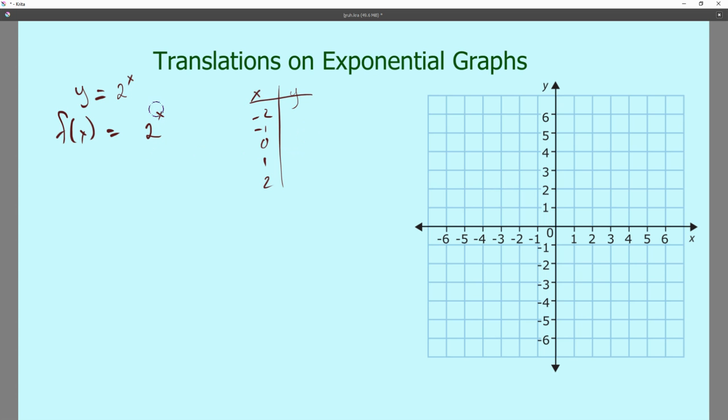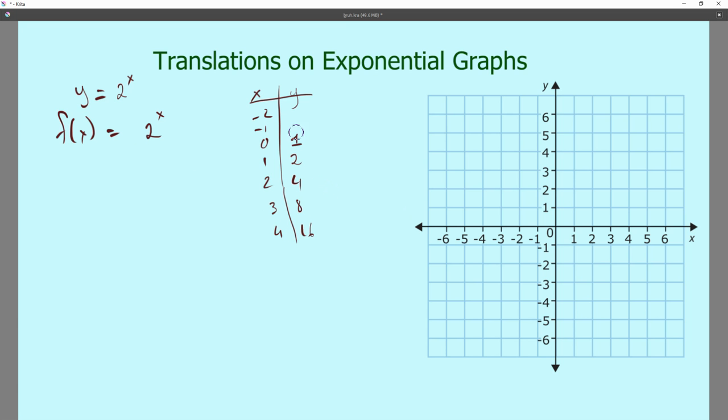If I put 0 in for x, 2 to the 0 power, anything to the 0 power is 1, right? When I put 1 in for x, 2 to the first power is 2. If I put 2 in for x, I get 2 to the second power, which is 4. If I put 3, I get 8. If I put 4, I get huge numbers like 16.